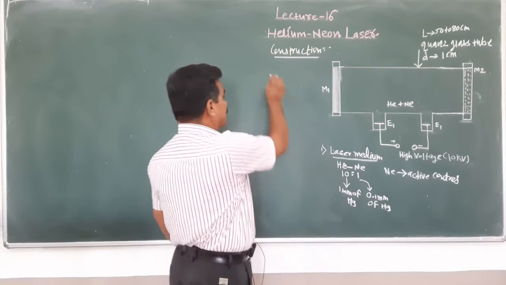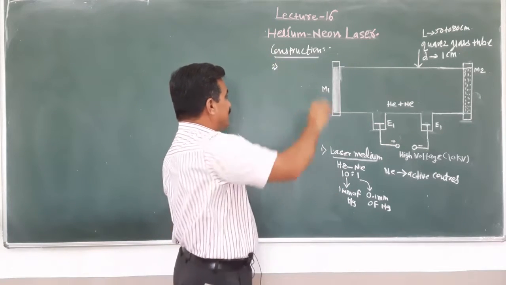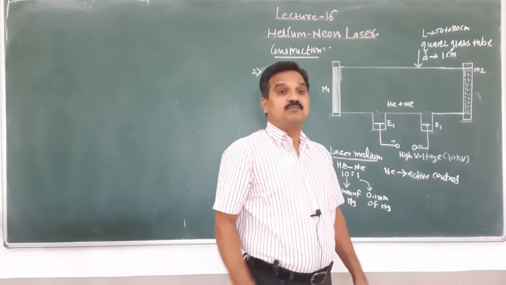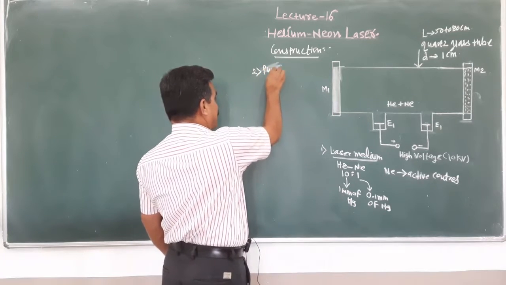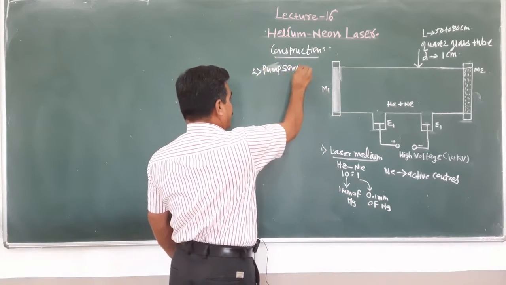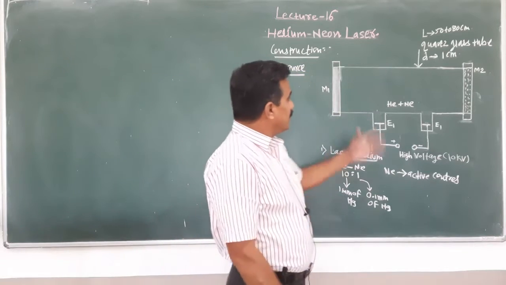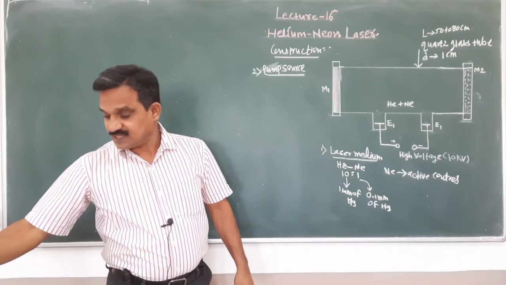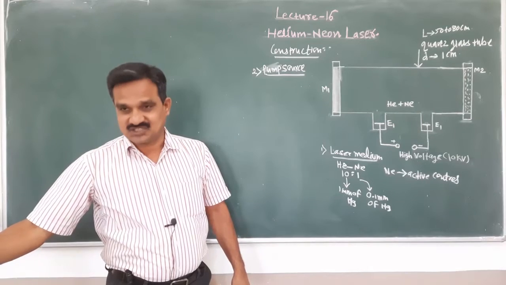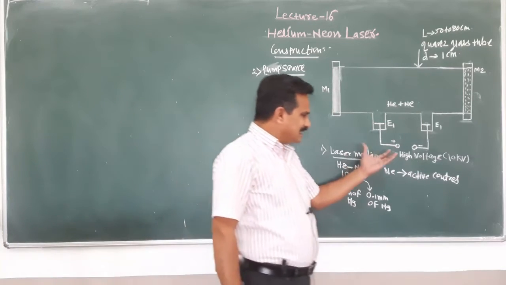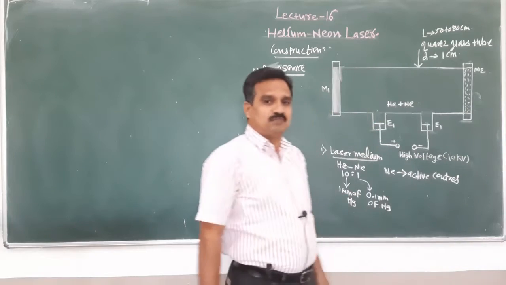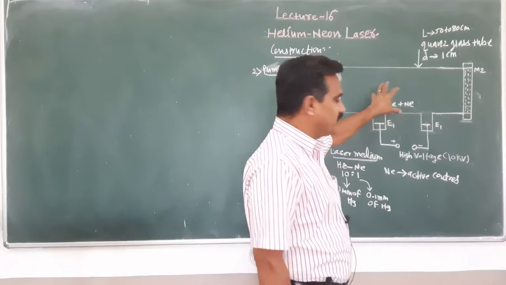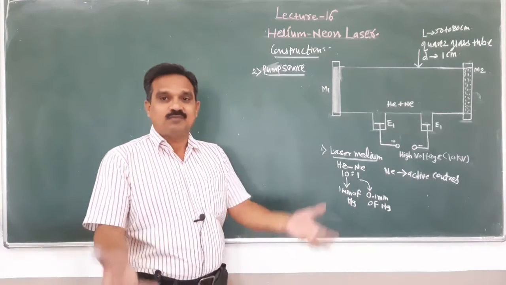Then the next point, the second point, is the pump source. In the helium neon laser, the pump source is electric discharge, or electrical pumping. In the case of the ruby laser, optical pumping is used, but in the helium neon laser, electrical pumping is used.